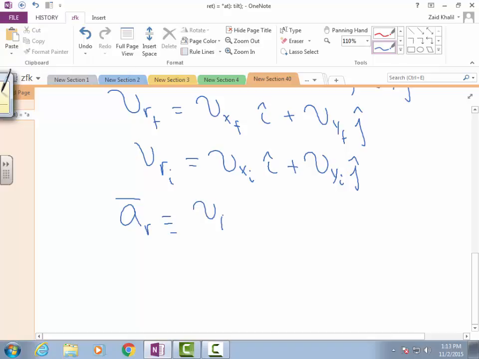What's the definition of average acceleration? That's right, VF minus VI over delta t. But what's VF minus VI?